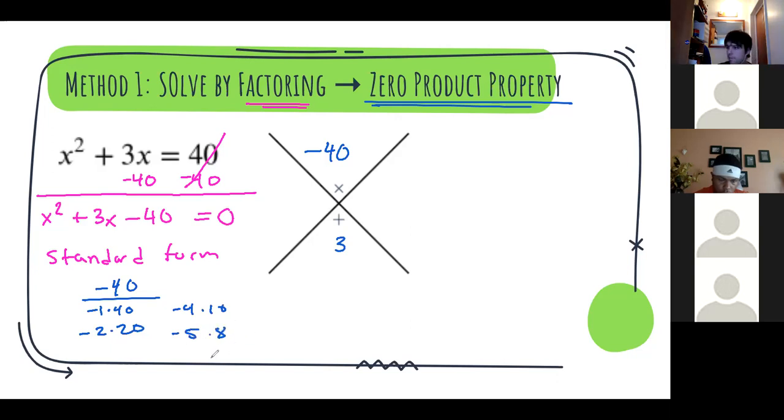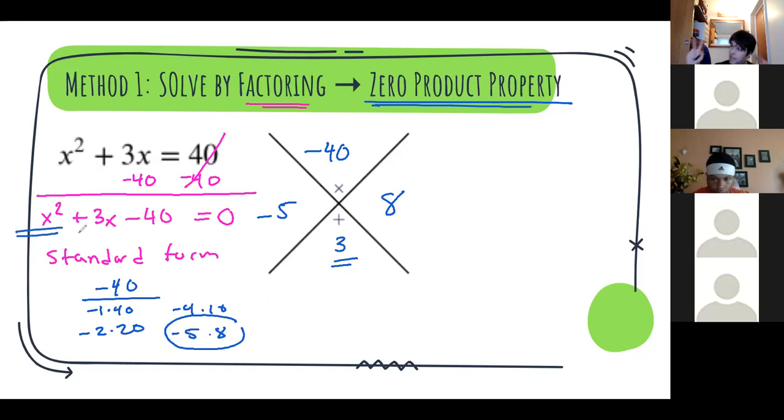I think that's about it. Going through those options, looks like this is the one that's going to give us the right sum. Negative 5 times 8 is negative 40, and when I add them together, I get 3. So negative 5 and 8. That's our solution to this X game.